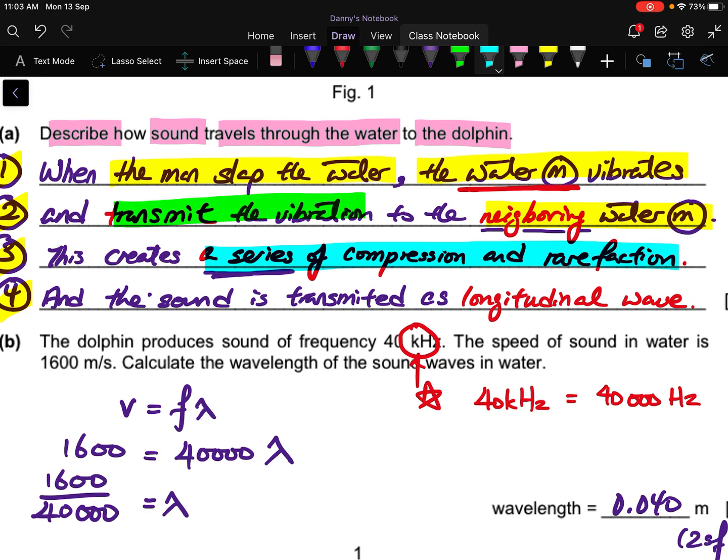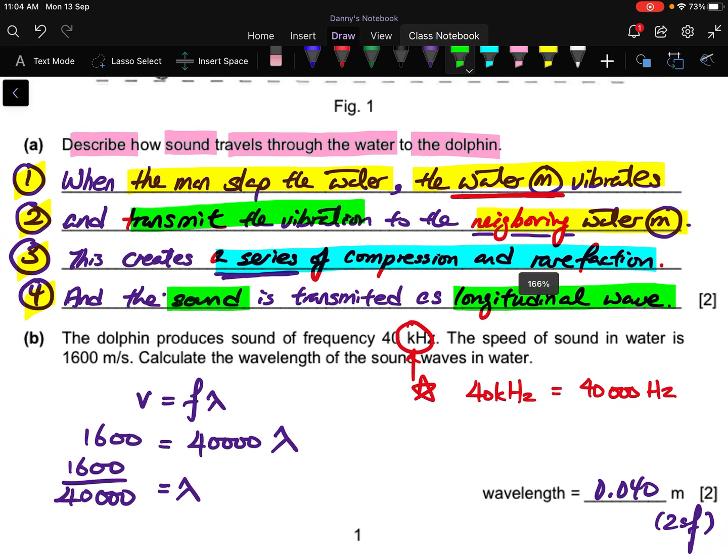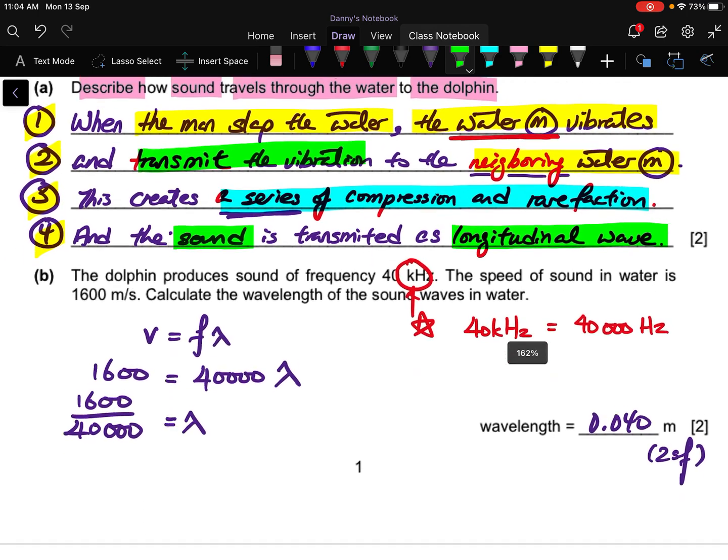And finally, you need to rephrase and tell the examiner that you are aware that sound is a longitudinal wave. To get these 2 marks, you need all 4 parts of the answer. That's why you see that there are 4 answer lines. You should base on the number of answer lines to gauge how much detail you would want to commit.